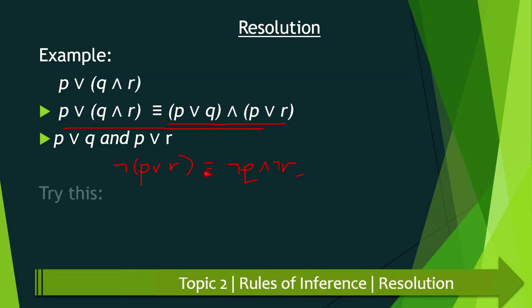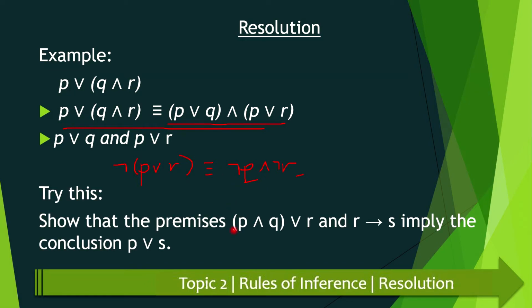So we're going to try this statement. Show that the premises P and Q or R, and R implies S, imply the conclusion P or S. So let's try to solve that one. We must be having this conclusion.